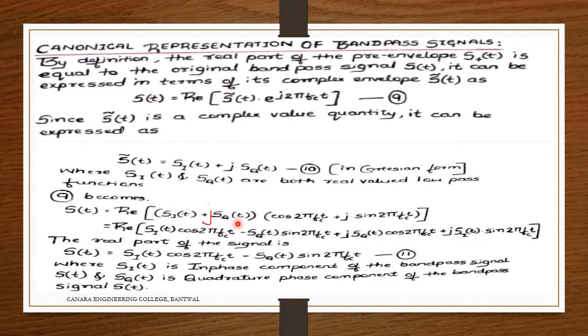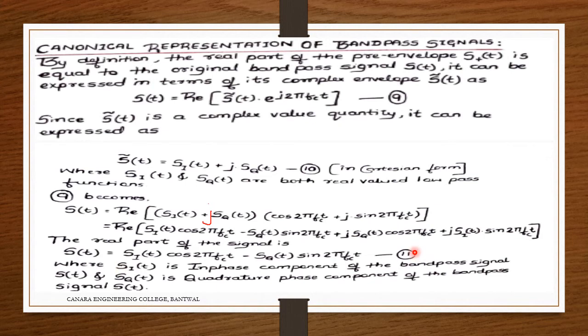Next plus j Sq of t into cos 2 pi fct. So we have arranged this in terms of a real part and an imaginary part. When we consider only the real part, s of t becomes Si of t cos 2 pi fct minus Sq of t sin 2 pi fct. That will be equation 11.